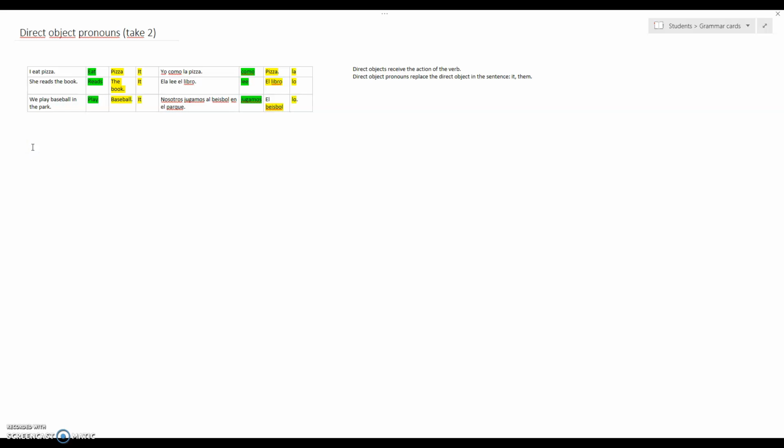Okay, so the direct object that you're talking about is singular or plural, and then we're going to do masculine and feminine. Okay, let me do a quick little chart here.